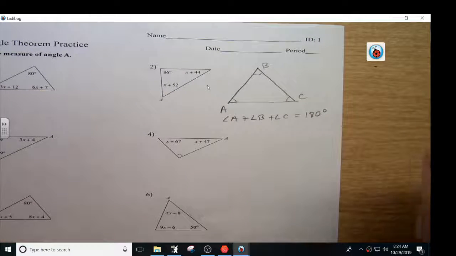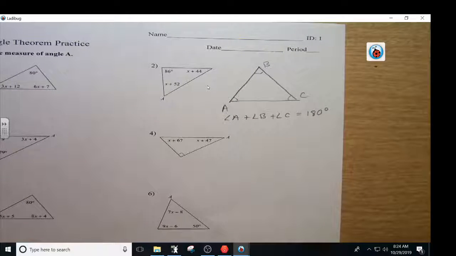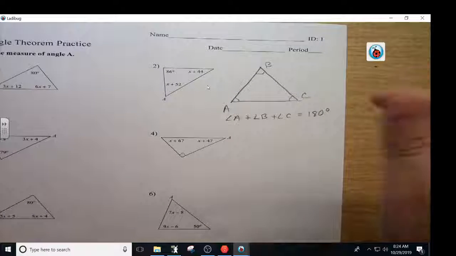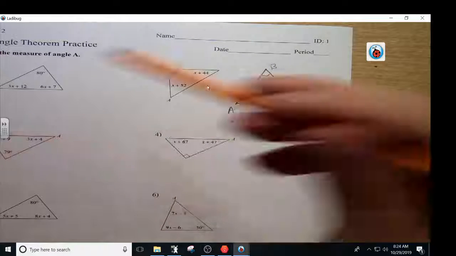So all the angles in a triangle are always equal to 180. All right? Knowing that, you can pretty much solve anything with 1 through 6.